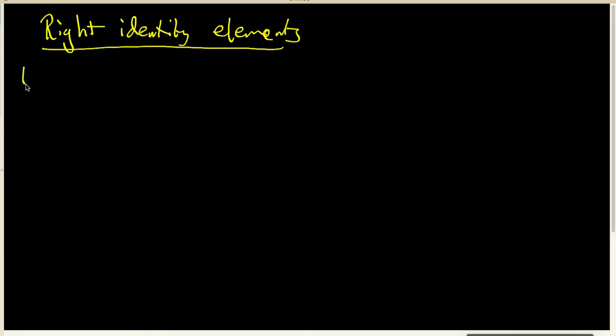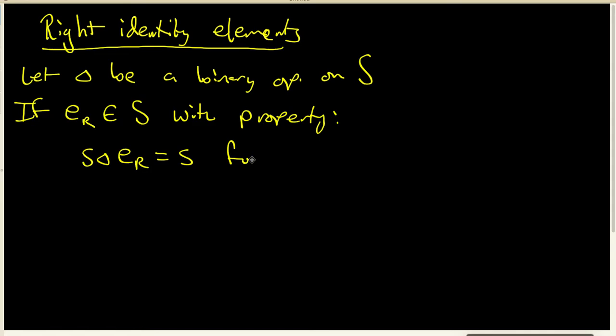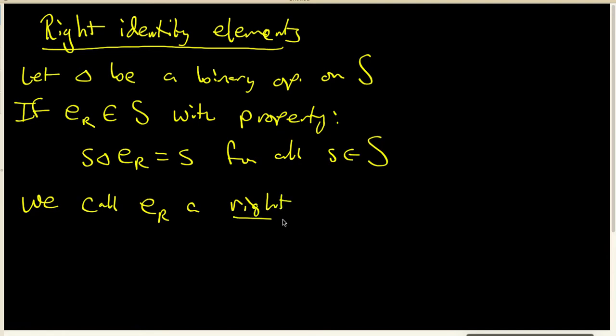And again, we're going to let triangle be a binary operation on set S. If we can find an element that I'm going to call E sub r, and I'm just going to call it ER, if we can find an ER inside set S with the property that s triangle ER is equal to s for all little s's inside set S, then we're going to call ER a right identity element for our triangle operation.